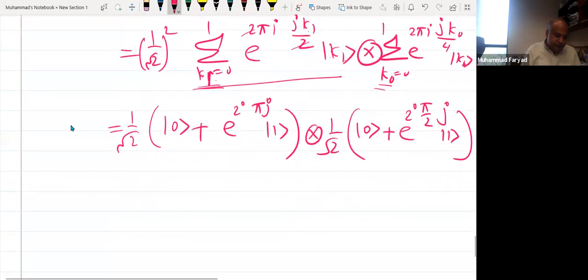So this is the circuit, but we can simplify it a little bit, because this j is nothing but 2j1 plus j0.